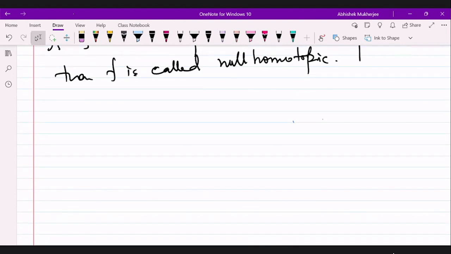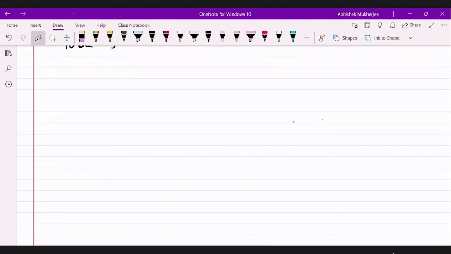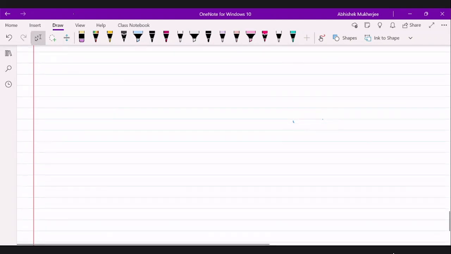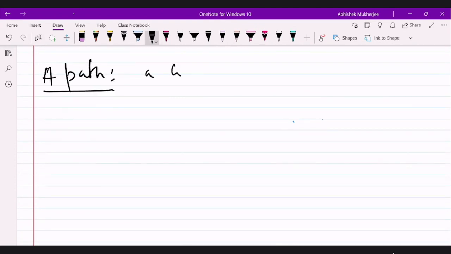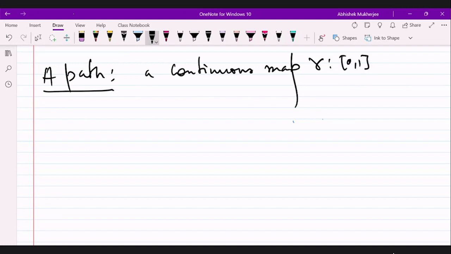Now let us move forward for paths having endpoints A and B. Suppose we take a path, which is a continuous map from the closed unit interval to X. And this is a very nice kind of space because it is convex, it is compact, and it is connected.